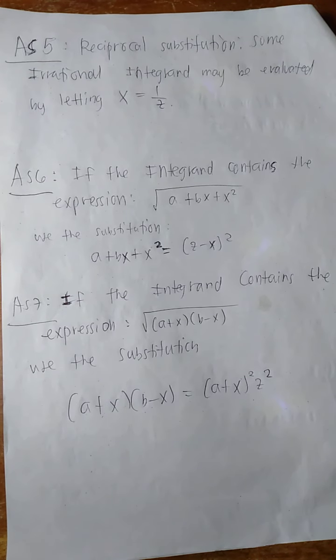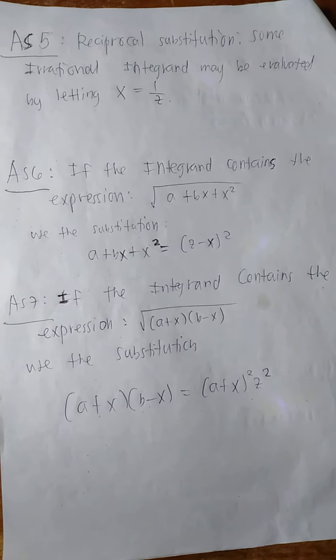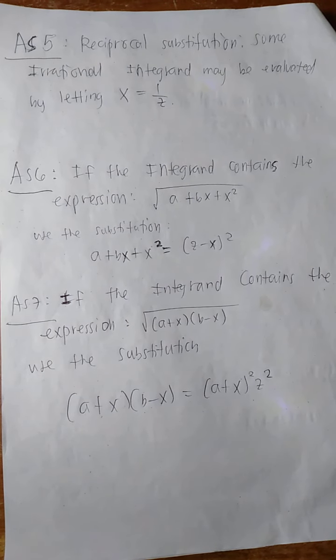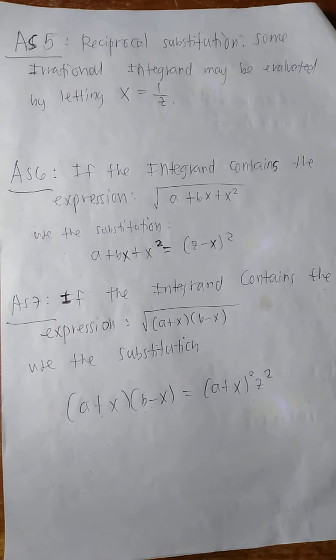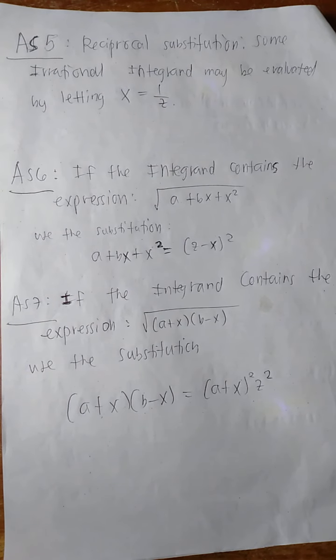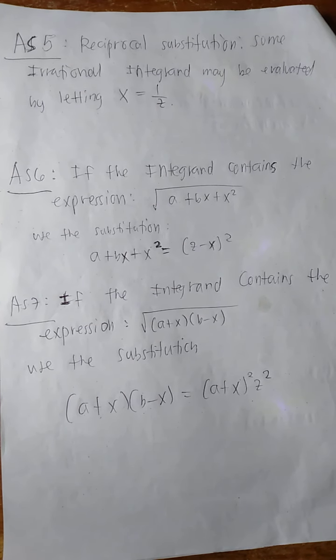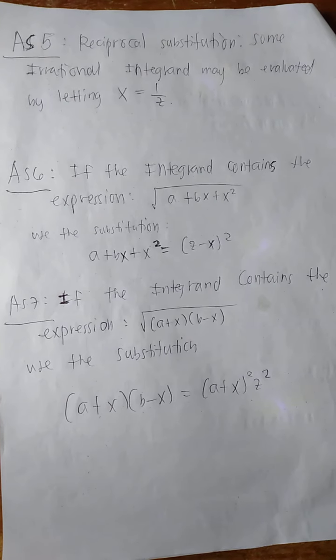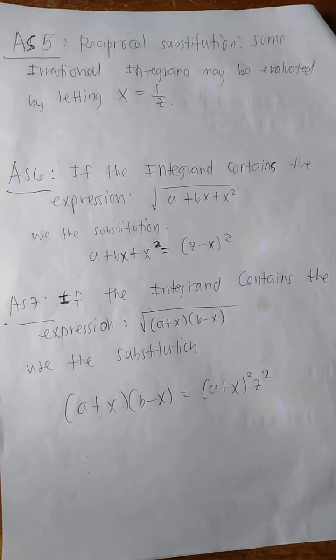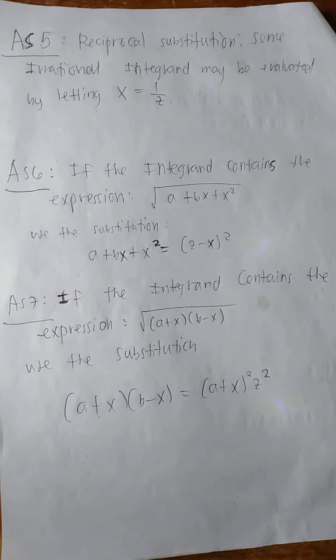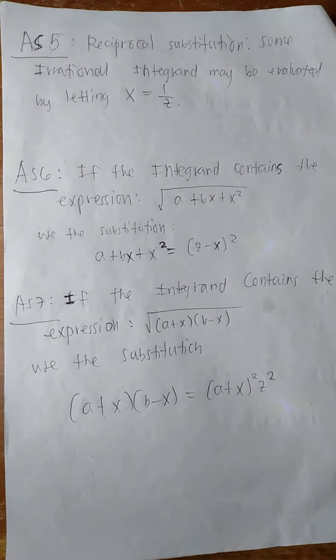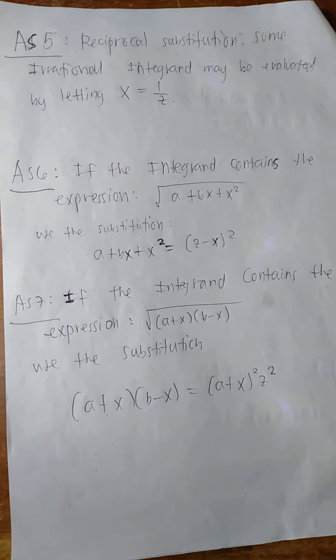So last time, we tried to solve our fourth problem involving algebraic substitution. Now we're at rule number 4. Before the end of the video, I said to try to answer problem number 4 using this rule, number 5, reciprocal substitution.